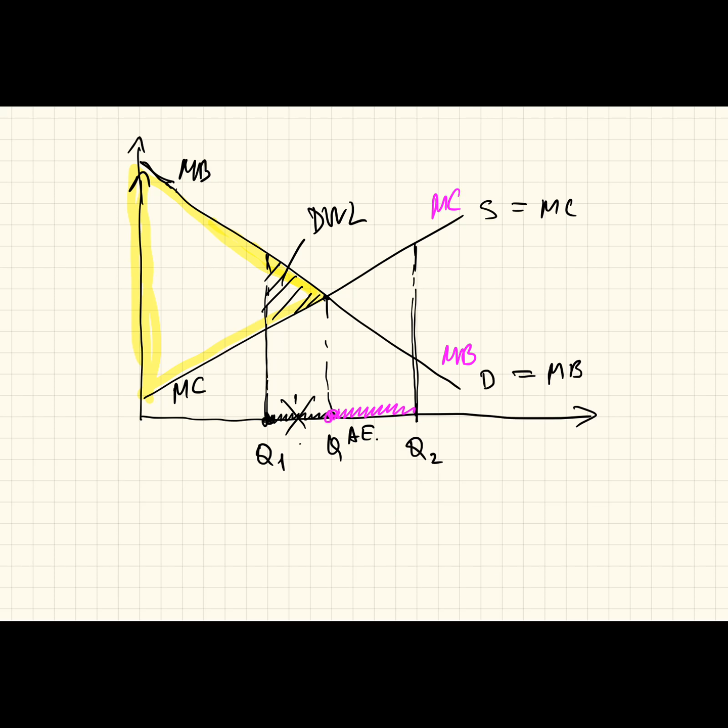So you're making units that are not worth being produced. The area you see in this triangle is a negative total surplus, so to speak. So it's also a deadweight loss, but this is the deadweight loss from overproduction.